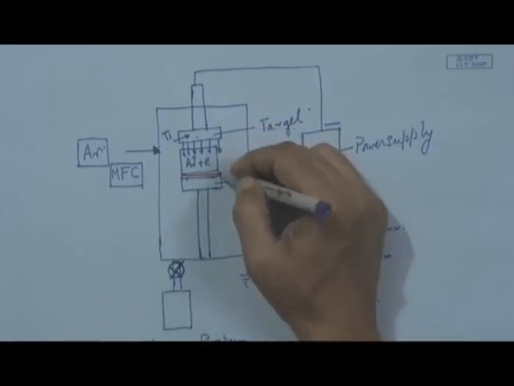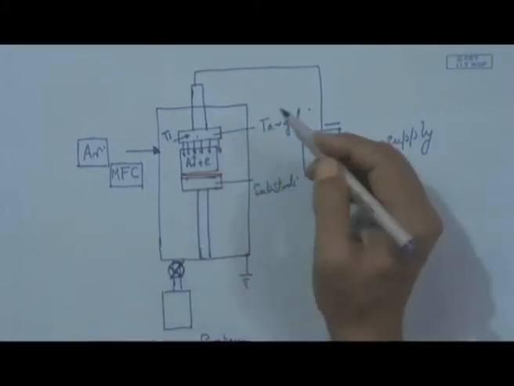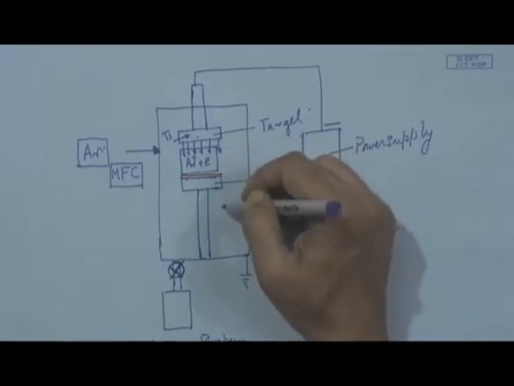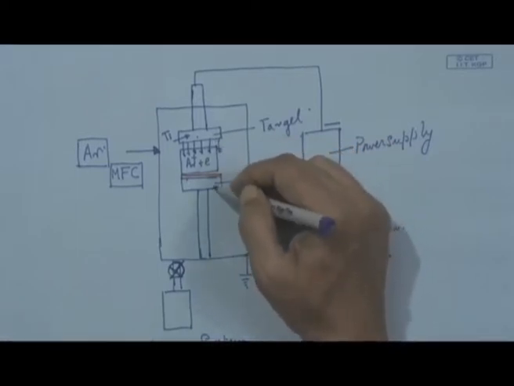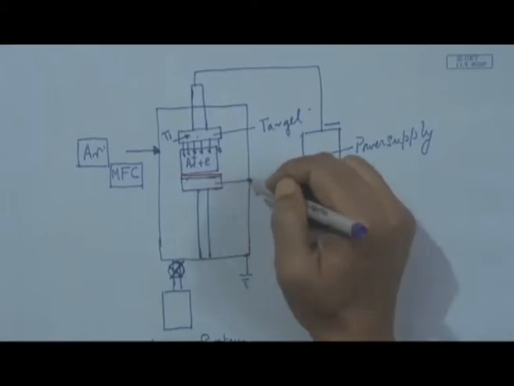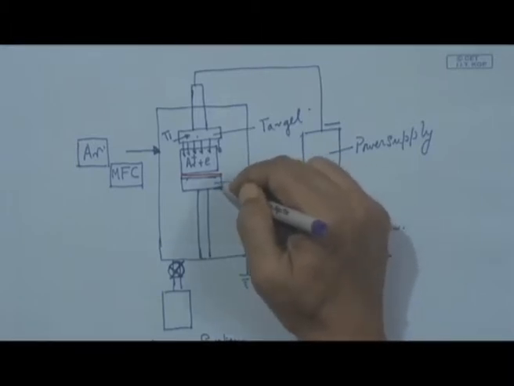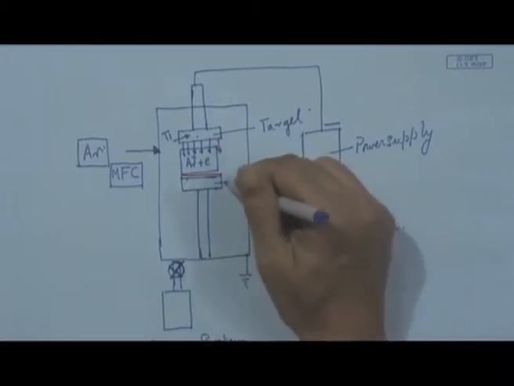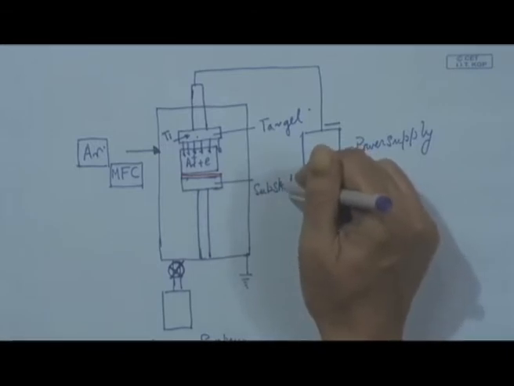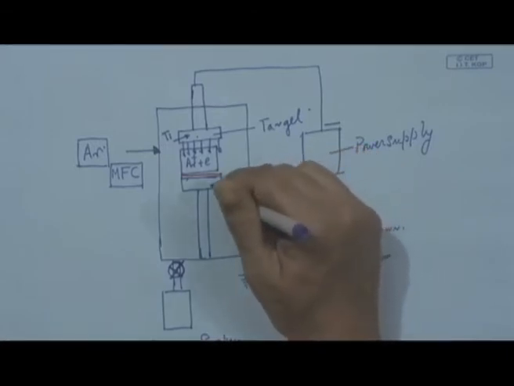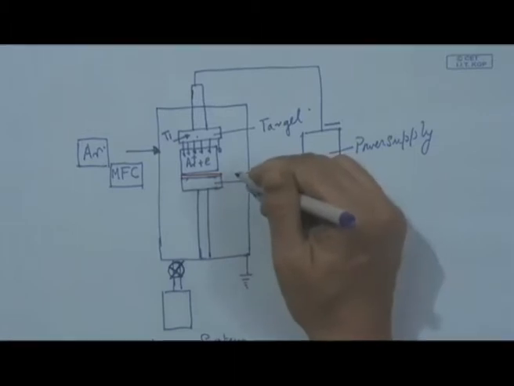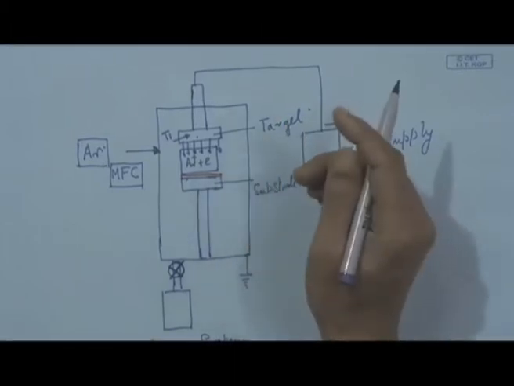SOD means the standoff between the target and one anode plate. Actually, the substrate is in between. The substrate can be an anode, or it can be grounded, and we can also have a separate anode.